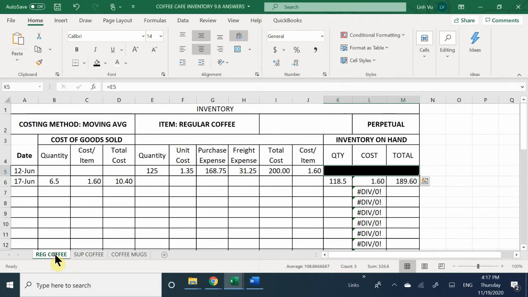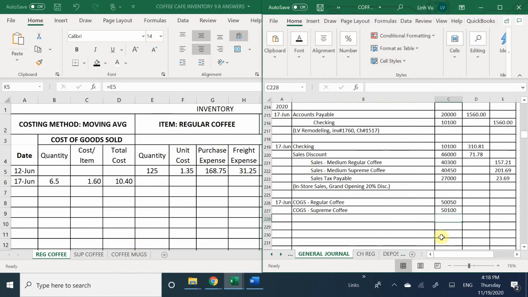Where are we taking this from? What account are we going to be taking this cost of goods sold out of? For example, I calculated my cost of goods sold for the regular coffee to be $10.40, right?